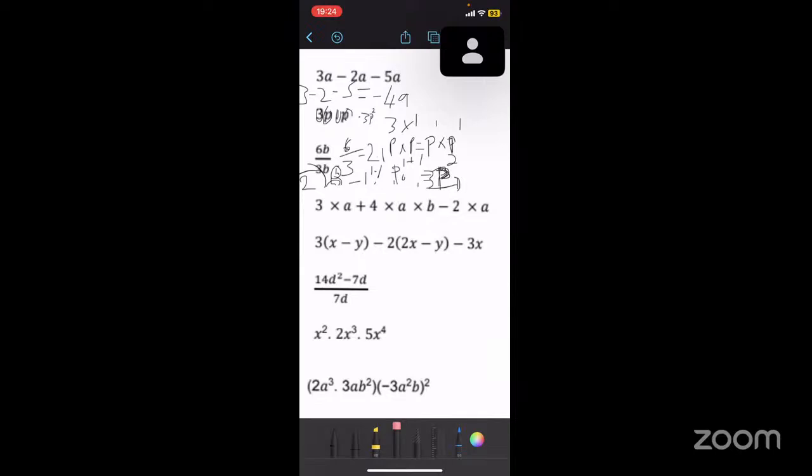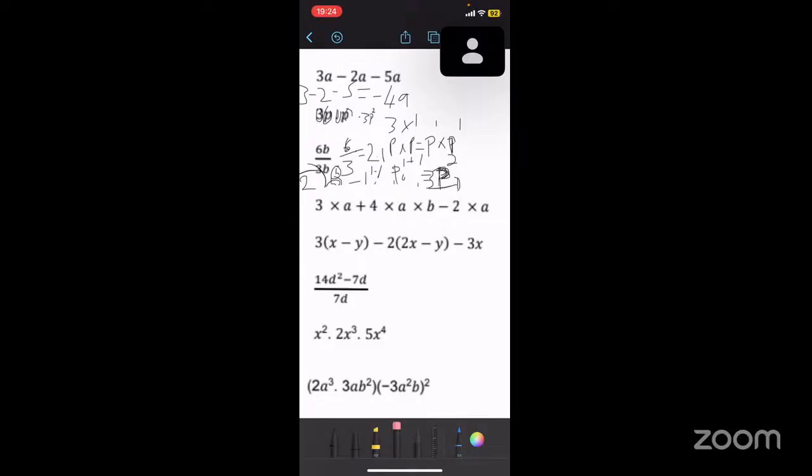Brackets first. Brackets, but we don't have brackets. What do we move to? Do we have multiplication? Multiplication. Perfect. And what are we going to multiply?